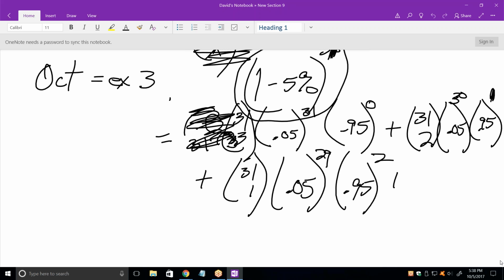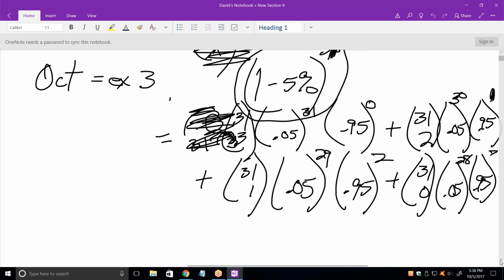And finally, we have 31 choose 0 times 0.05 to the 28th times 0.95 to the 3rd. I think that is the answer. I think when it says exactly 3 days, that you only need to do it for just the 3. This term only? Because I think it's when it's like less than or no more than, you do like the multiple.